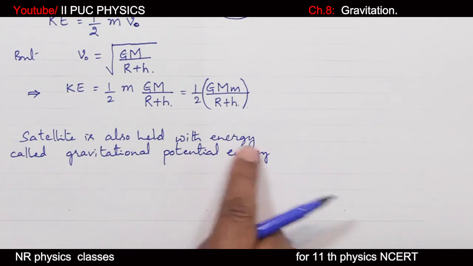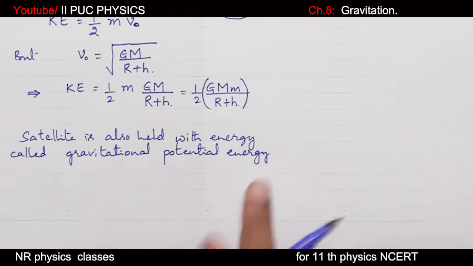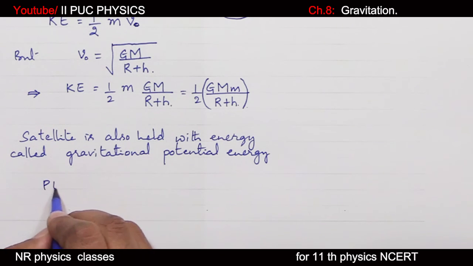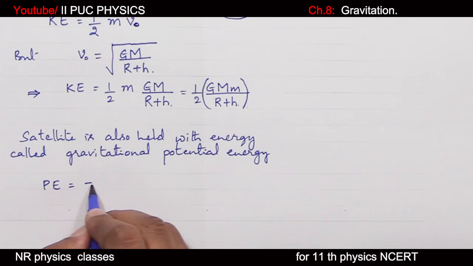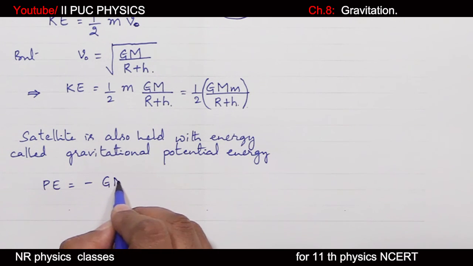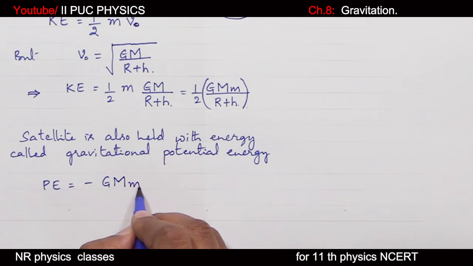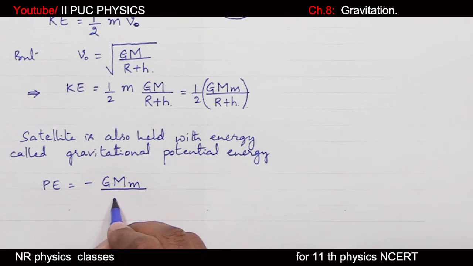Satellite is also held with energy called gravitational potential energy, and potential energy equal to minus G, mass of the earth, mass of the satellite by distance. Distance is r plus h.